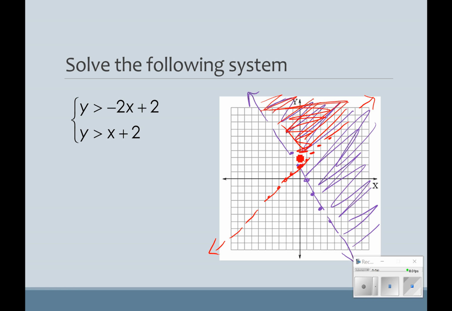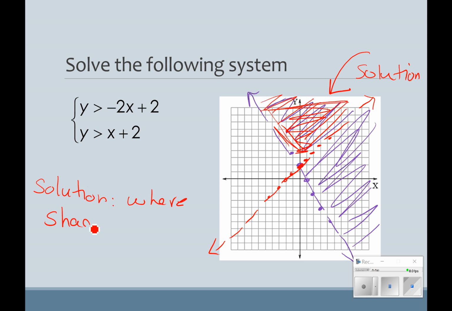Now, in a system of linear inequalities, your solution is going to be where they overlap. So my solution is there. So we've got infinitely many solutions, but it's in a specific region where our shades overlap. So any point where they overlap is part of that solution set. We say it's a set because it's got lots and lots of different solutions.